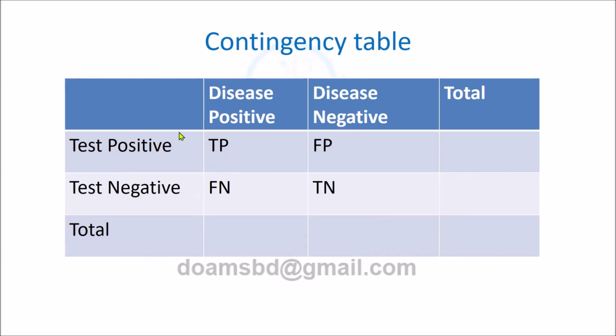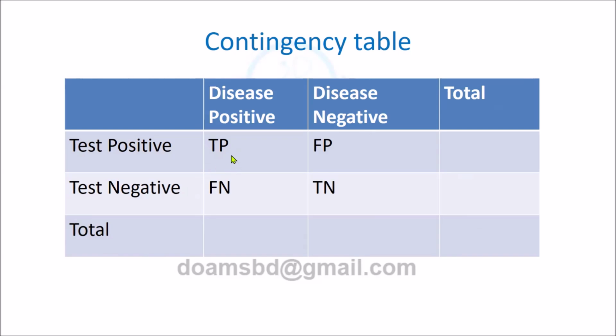Suppose you are doing a test to detect a disease. Some disease it will detect, meaning the patient actually has the disease, and it will detect it. But in some cases the test will be positive, but the disease will not be there. Try to understand this. I'm repeating. Suppose you are diagnosing a patient with multiple joint problems.